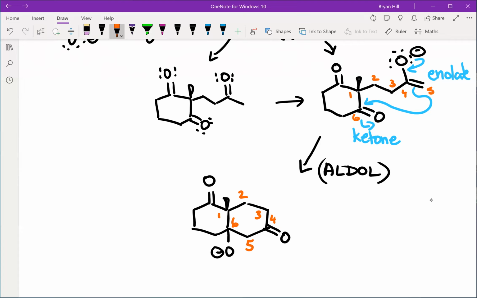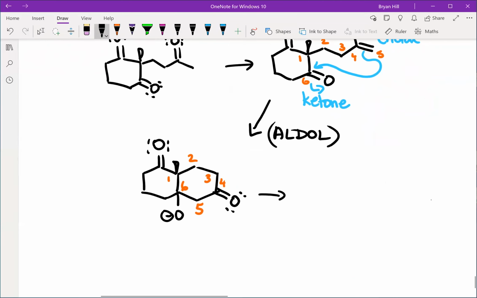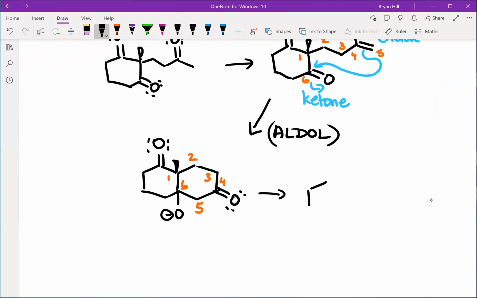And you remember that in the aldol reaction, if we protonate this, we end up with the corresponding alcohol.